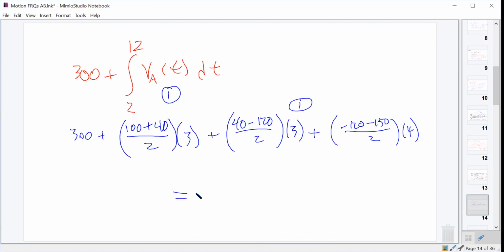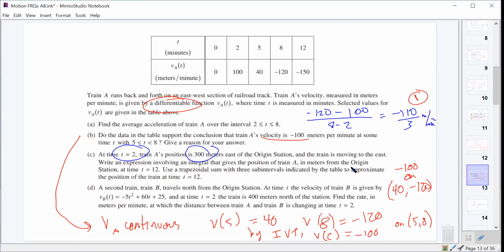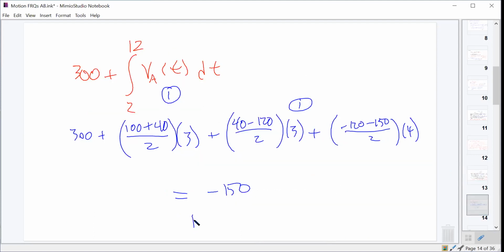That ended up coming out to be negative 150. To approximate the position, we'd say it's at negative 150, or you say it's 150 meters west of the station. I'm not going to write origin station, so I'm just going to say west of the station.